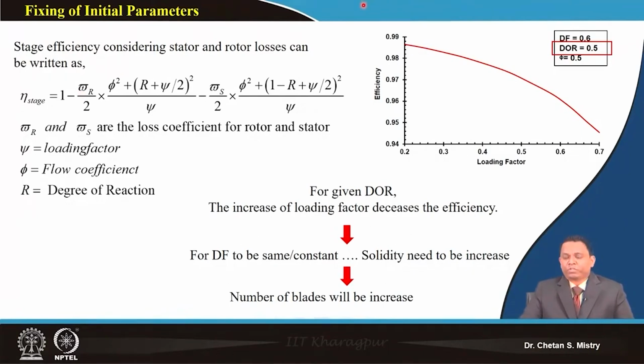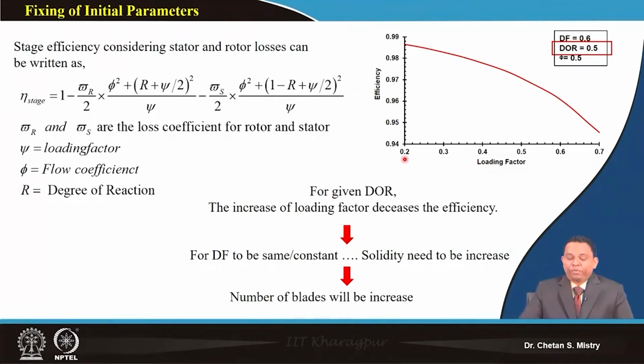Let's see, here is a plot for which we have assumed the diffusion factor to be 0.6, the degree of reaction to be 50% and the flow coefficient to be 0.5. We are changing the loading factor on the x-axis, and this represents the effect of the loading factor on the efficiency.